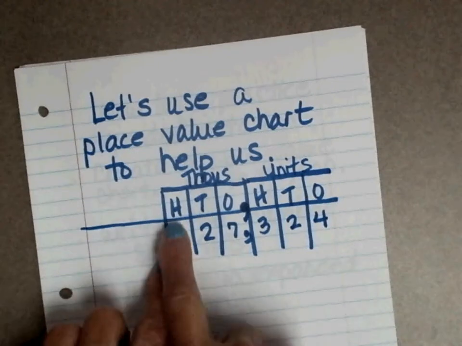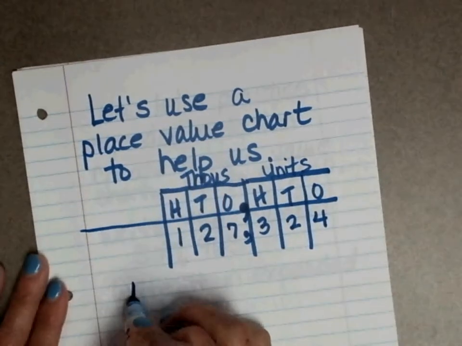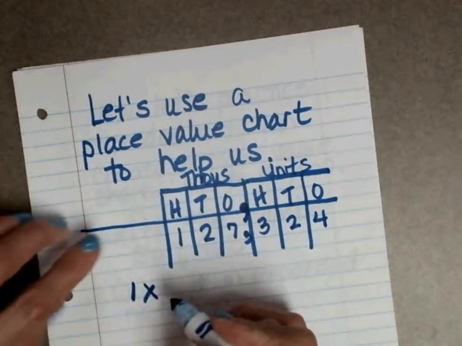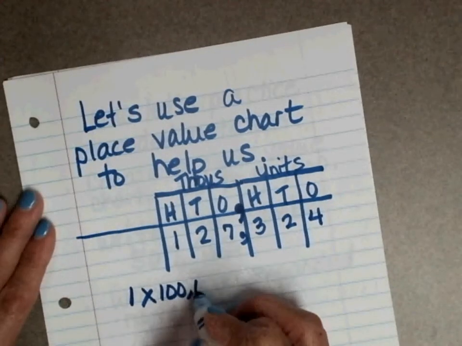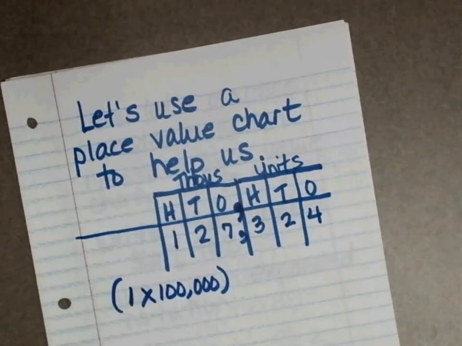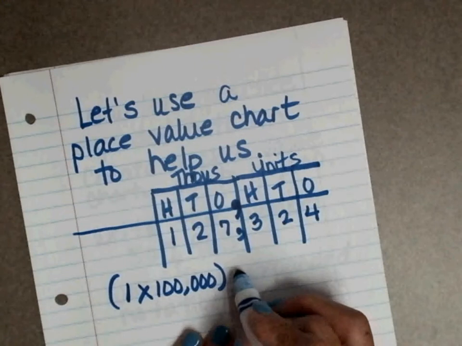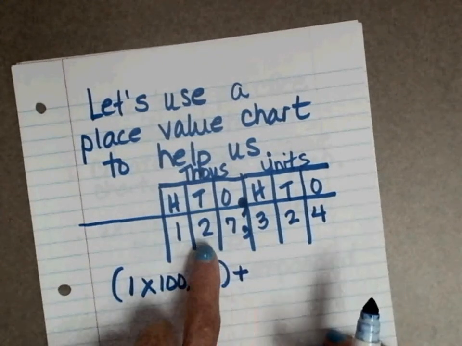So this number is in the hundred thousands. So we're going to multiply the digit 1 times 100,000. I like to put parentheses around it. You don't have to, but it's easier to read. And remember, it's a sum, so we're going to put the plus sign.